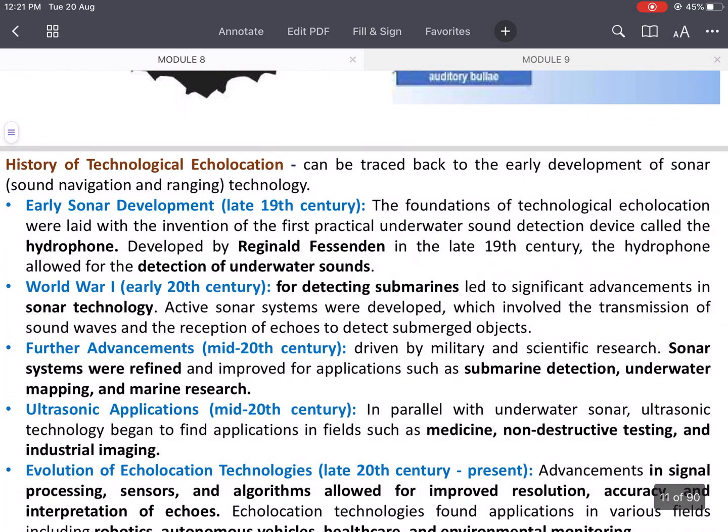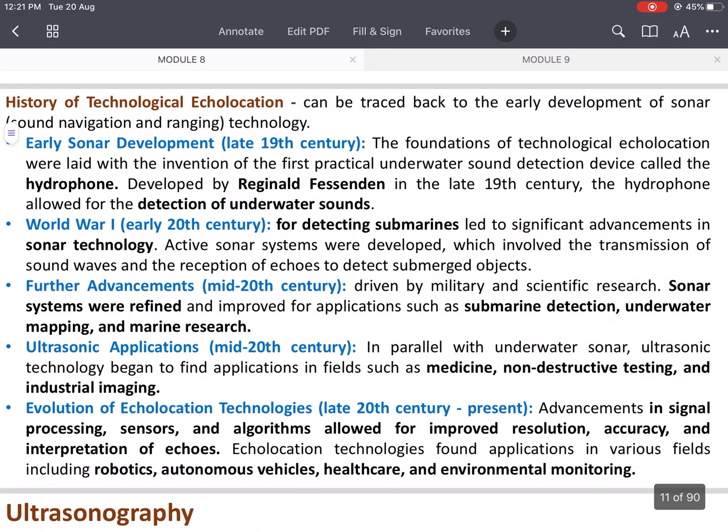Now a small history of how echolocation was used. In the 19th century, there was a device used in underwater submarines. In the 20th century, the technology prevailed in the form of sonar. In the 20th century, more sonar systems were refined and used in underwater detection, mapping, marine research and submarines.